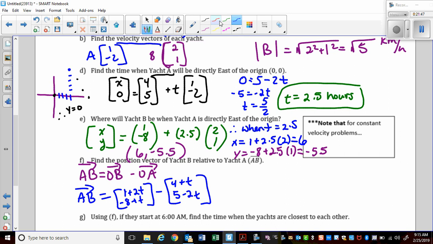And we just have to subtract these. Don't forget to distribute this negative sign. So I have 1 minus 4, which is negative 3, positive 2T minus T, which is T. Negative 8 minus 5, which is negative 13. T minus 2T is 3T... wait, negative T minus 2T... pretend that's a 3.